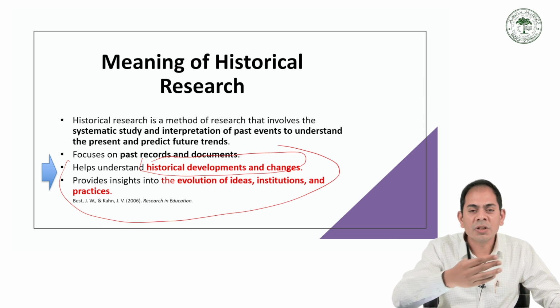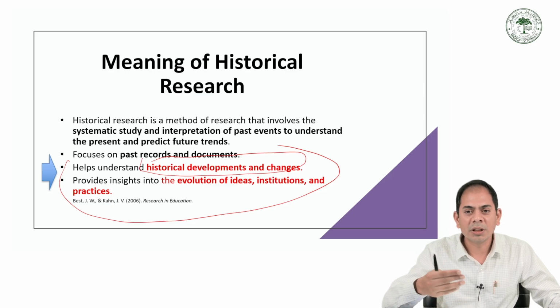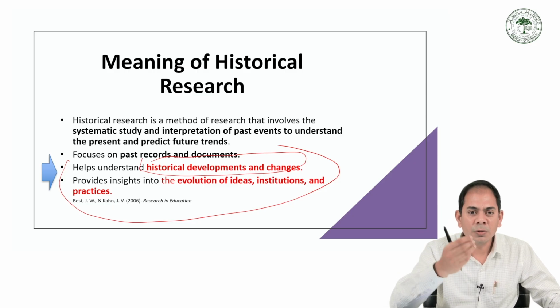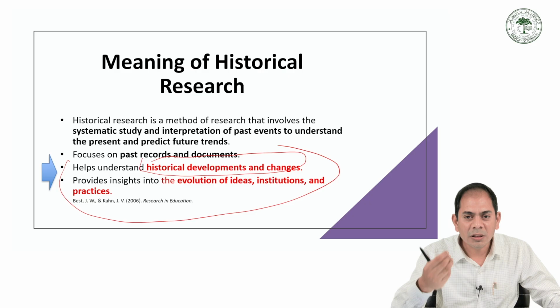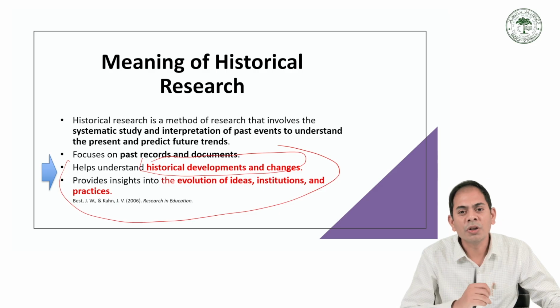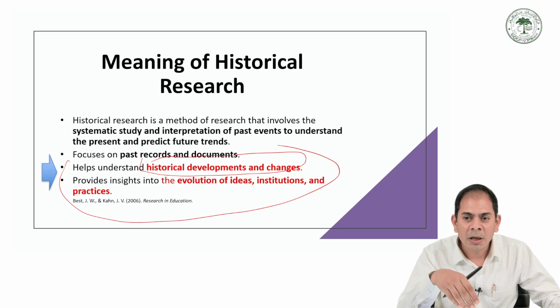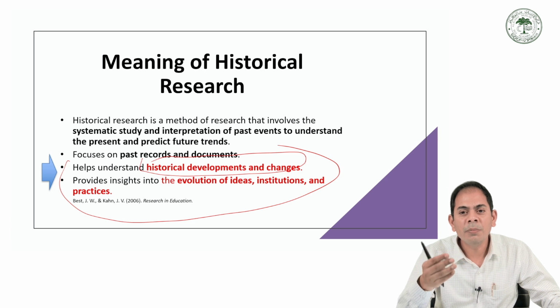On the basis of history, we try to find out the historical development and historical changes over time. By studying the past, the researcher can see how society, educational institutions, sports, and culture have progressed from earlier times to the present. Simply, historical research helps us compare the past with the present and understand the reasons behind these changes.